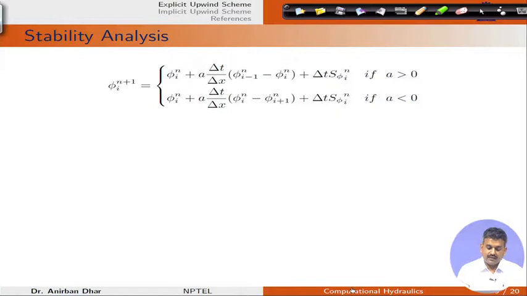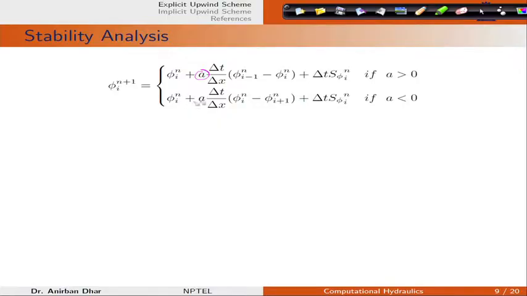Now, with this information we can proceed for stability analysis. Now, we can bring that A term out of this bracket and we can write like this for A greater than 0 and less than 0.